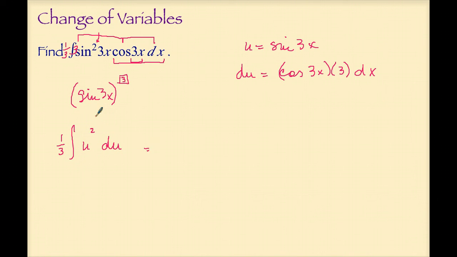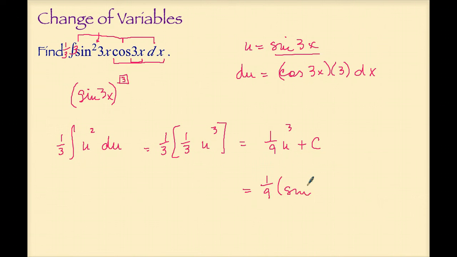To integrate, we'll add 1 to 2, which will give us an exponent of 3, and then dividing by that new exponent gives us 1/3 times 1/3 u to the 3rd power, which results in 1/9 u to the 3rd plus c. And of course, we substitute the original value back into our expression. We end up with 1/9 sine of 3x to the 3rd power plus c, which can also be rewritten this way: sine cubed 3x plus c.